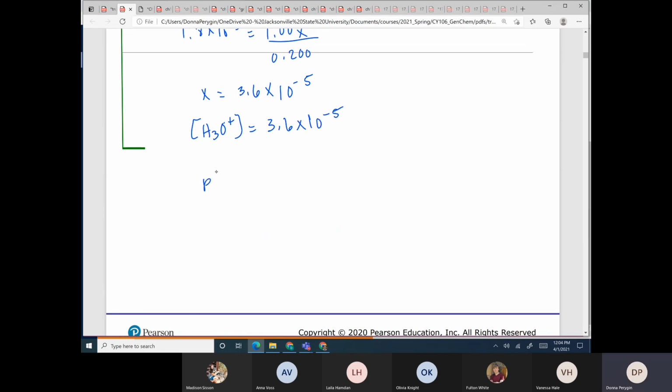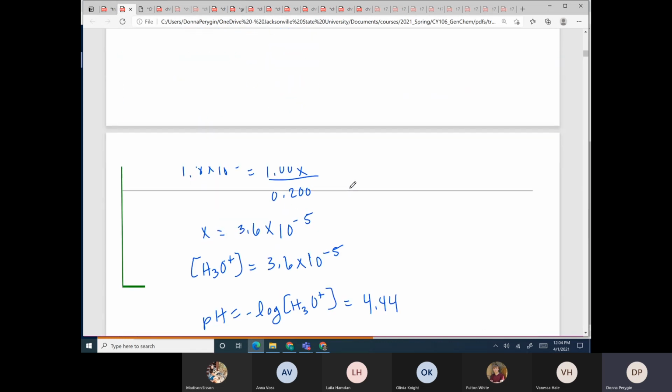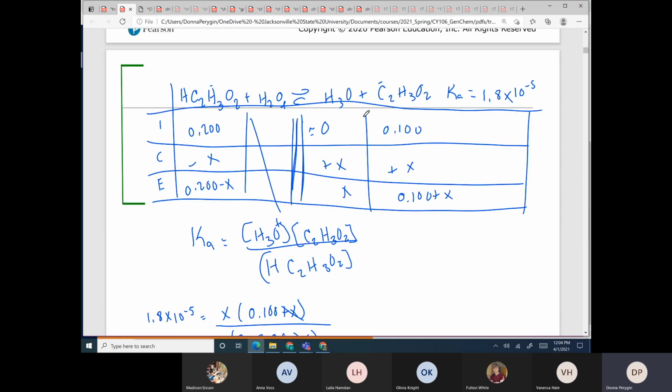All right, so pH is equal to the negative log of that. Since I'm having so much trouble writing right now, I'm not going to put that number in. So that's equal to 4.44.